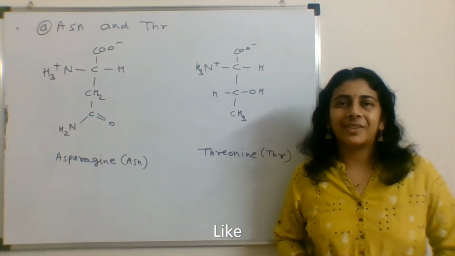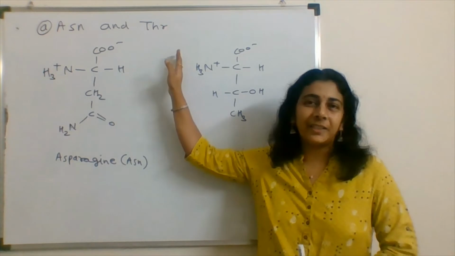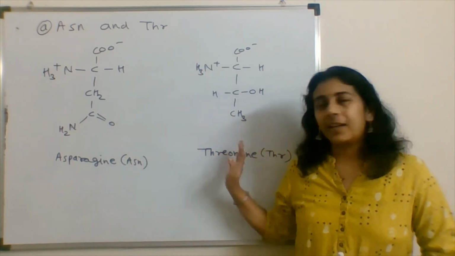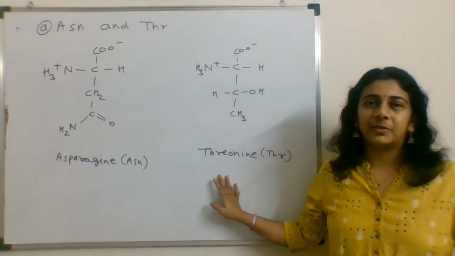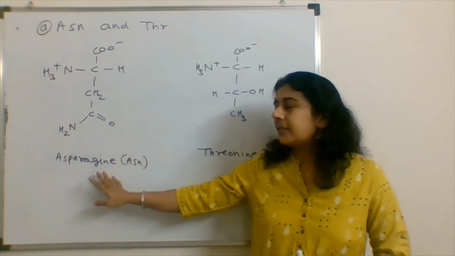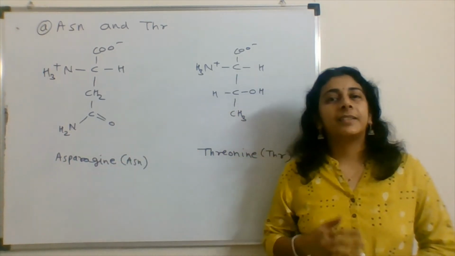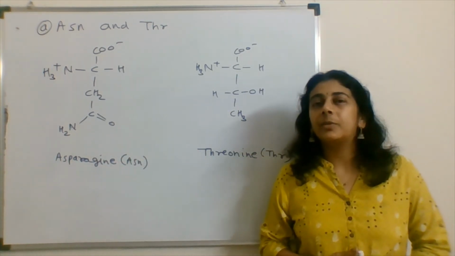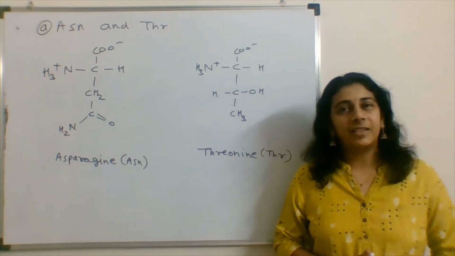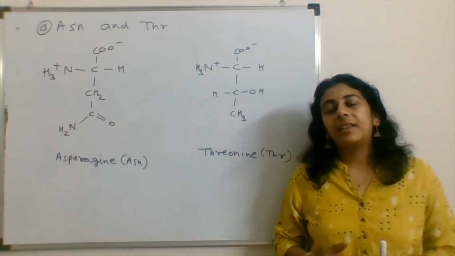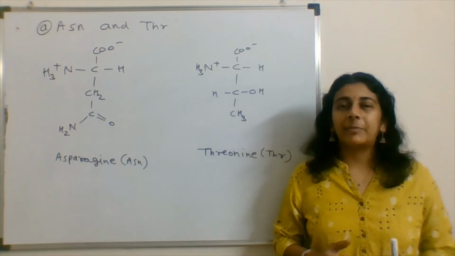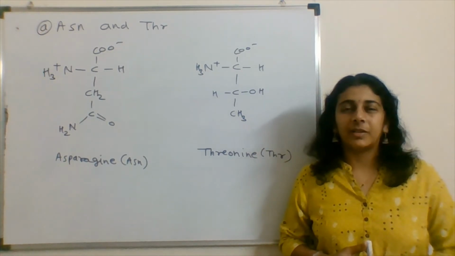So starting with the first option, asparagine and threonine. These are the structures of asparagine and threonine. Here we can say that the asparagine is the residue to which N-linked glycosylation takes place. N-linked glycosylation takes place in the endoplasmic reticulum.